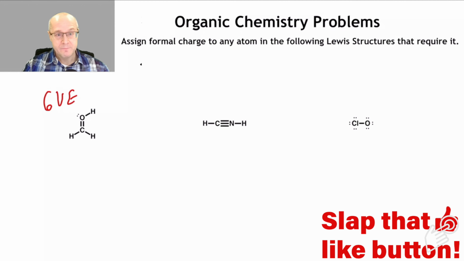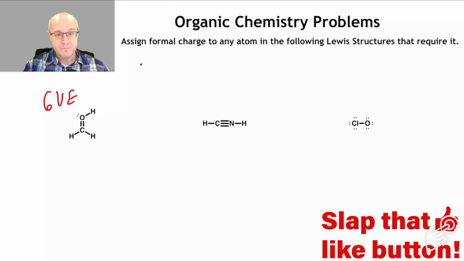Hydrogen and hydrogen each have 1 bond. Hydrogen is not charged. It has no formal charge. Carbon has 1, 2, 3, 4. Carbon has 4 bonds. It normally has 4 valence electrons. Therefore, it is not formally charged. Nitrogen, however, has 5 valence electrons. This one has 1, 2, 3, 4 bonds.